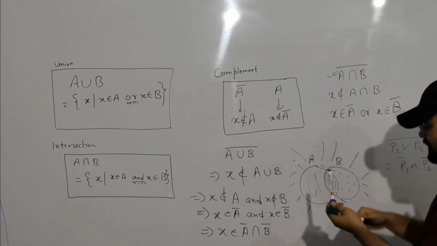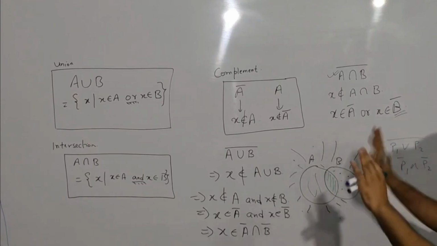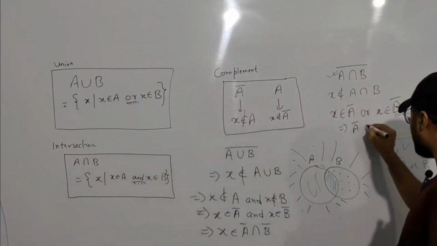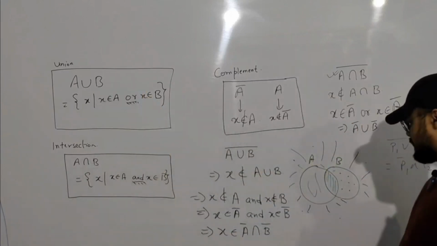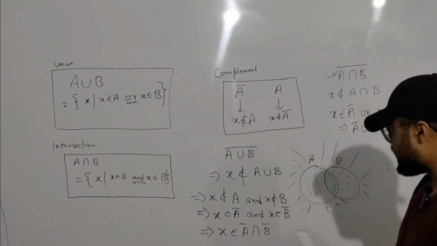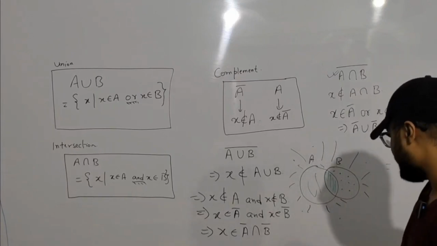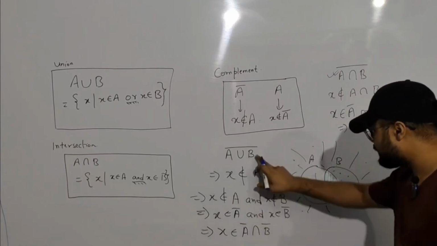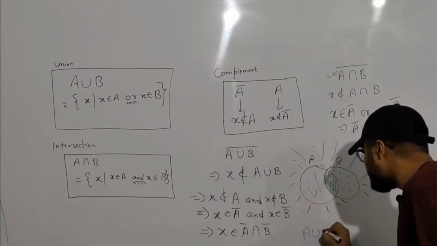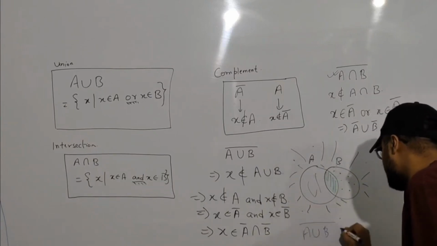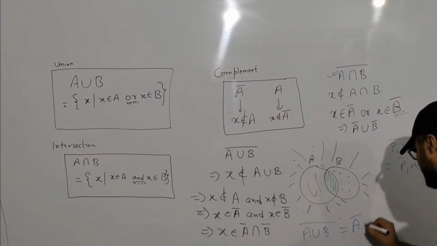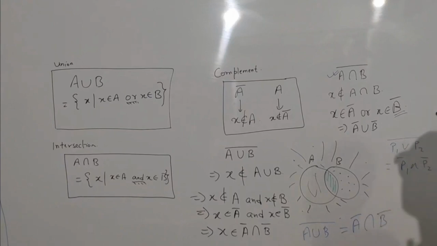If I have to show it in terms of set operations, A complement or means union B complement, right? So I can say from this that the complement of A union B is equal to A complement intersection B complement.